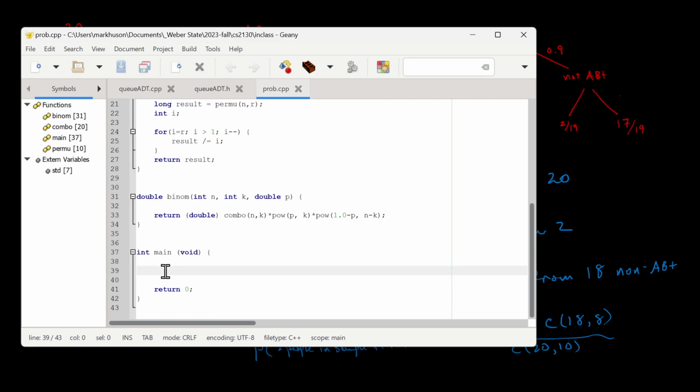I've got my binomial there, but here I'll take N and K for combinations and permutations.